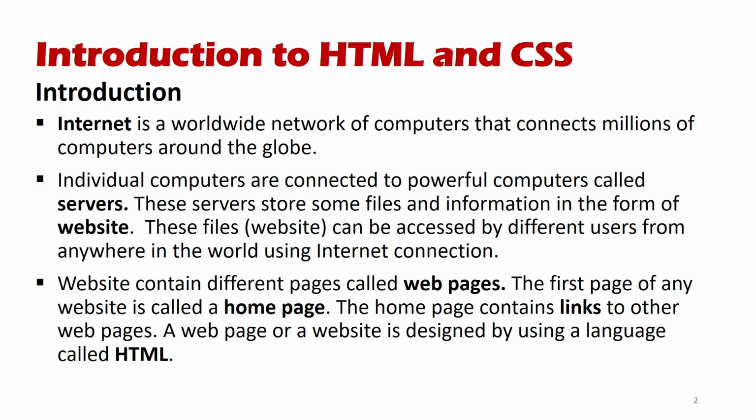Like generally we use Google search engine or bing.com, Firefox or any other search engine to search our information. That information actually is being retrieved in the form of websites.